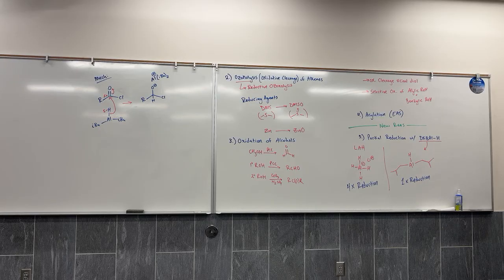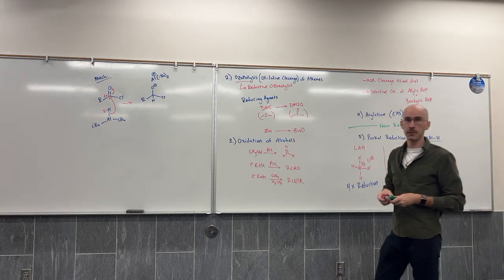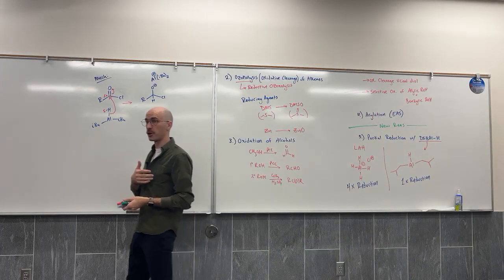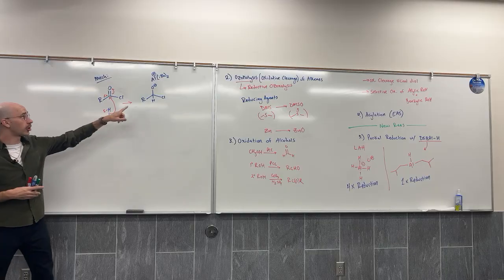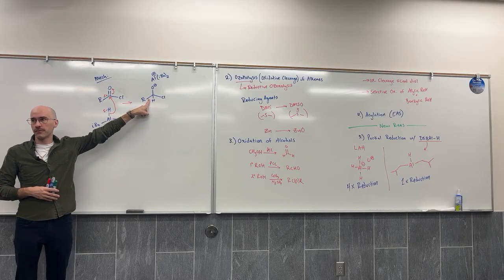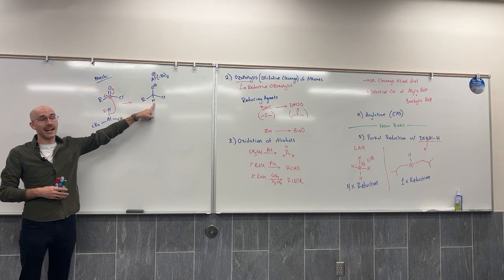And it has a leaving group, a group that can be kicked off of the structure. Bonds to carbon can't be kicked off. Bonds to hydrogen can't be kicked off.